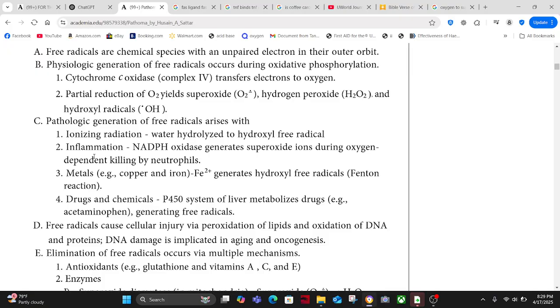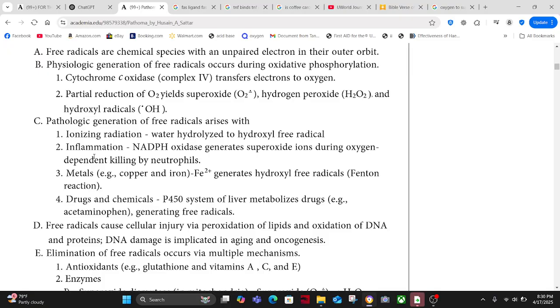Next, you can get free radicals from metals like copper and iron. Iron generates hydroxyl free radical, like in the Fenton reaction. When iron builds up, you get a disease known as hemochromatosis.